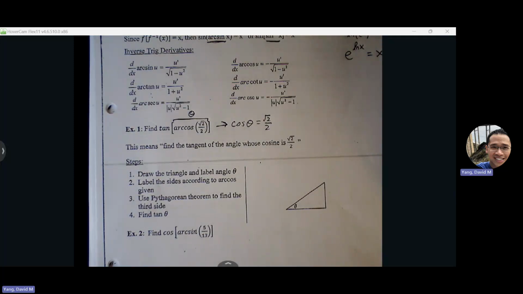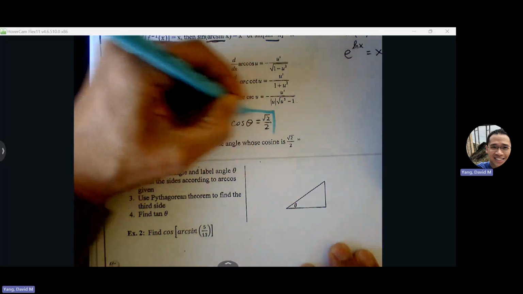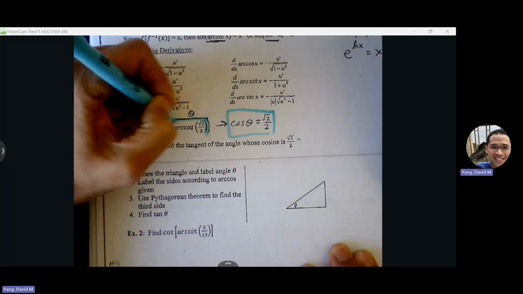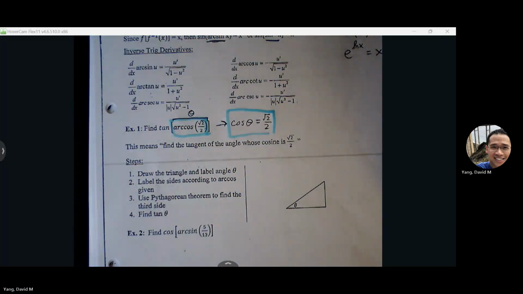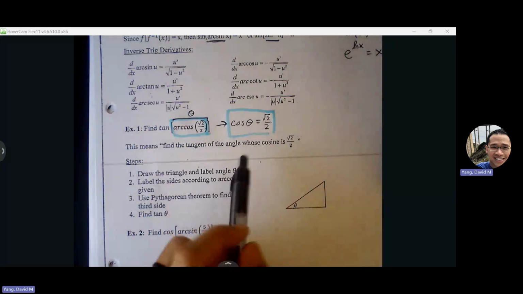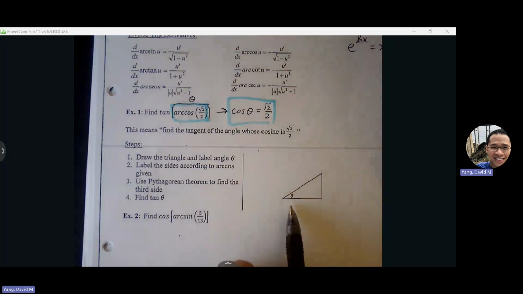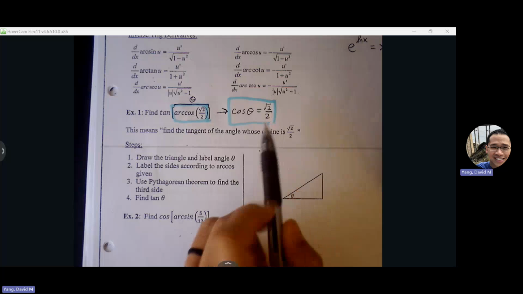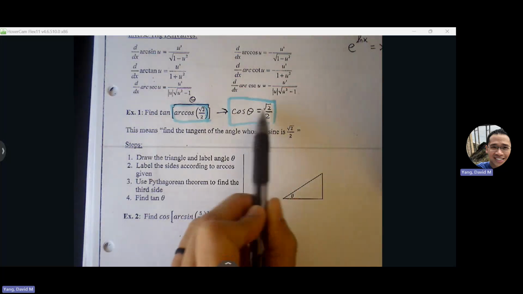Anytime we see this arc trig notation, we can always rephrase it in a way that feels more familiar. We're going to label the sides according to that arccosine given.